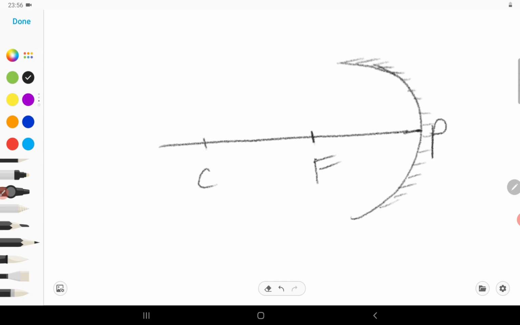So in this condition I am supposed to keep the object on top of the center of curvature, right? So I will shift this C a bit, shifting it at the back, because this C might overlap with the image formed. So for getting a proper diagram, draw the image beforehand such that it is of the same size as that of the object.